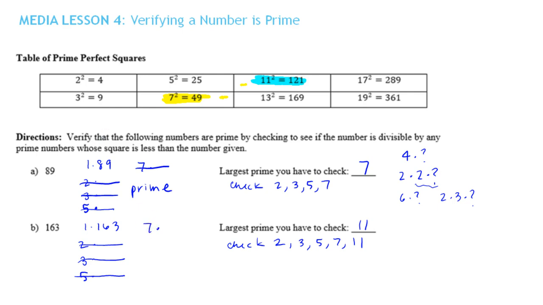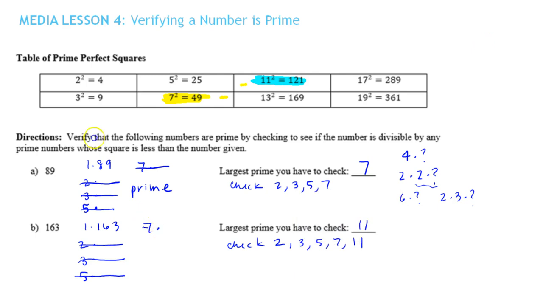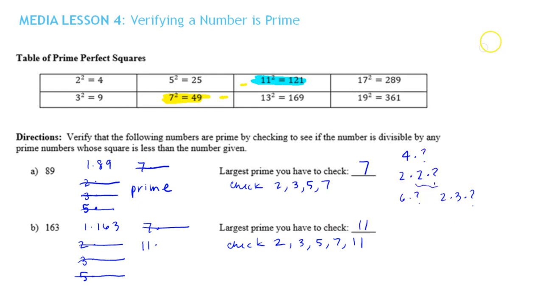Now we'll check 7. 163 divided by 7. Notice there's a decimal, so that means there's a remainder. So not divisible by 7. And finally, let's check 11. And there's a remainder, so it's not divisible by 11. So we have verified that it is prime.